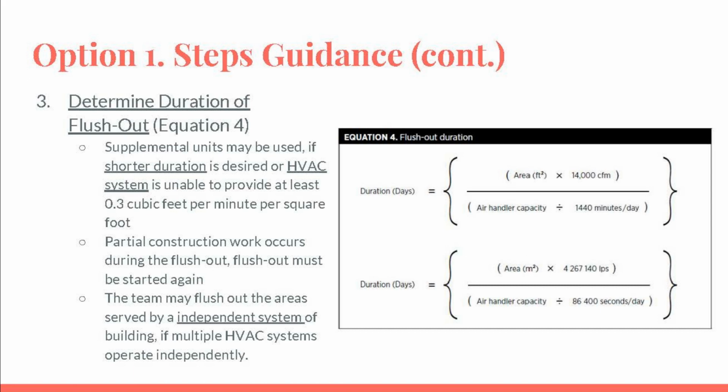Also noted, supplemental unit may be used if shorter duration is desired or HVAC system is unable to provide at least 0.3 cubic feet per minute per square foot. Also, if partial construction work happens during the flush out, it must be restarted. Last, the team may flush out the areas served by an independent system of building during the construction if multiple HVAC systems operate independently.